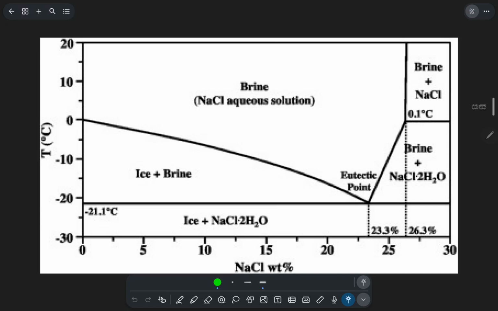I've had my temperature probe in my ice water, and I tried to get to that 23.3% or so. You're not seeing it right now, but it says it freezes at about 21 degrees Celsius. And yet you can see that if I start this and look at the temperature, it's coming in at about -6.